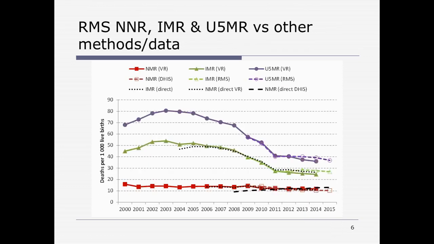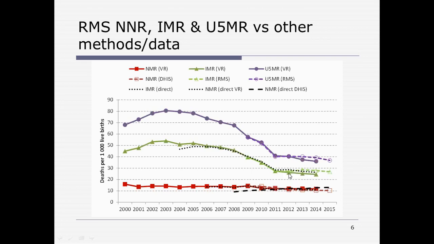The rapid mortality also estimates the under 5 and infant and neonatal mortality. The solid lines are the estimates from vital registration correcting for incompleteness. The dotted lines are year-on-year estimating the vital registration from the population register and then correcting for incompleteness.